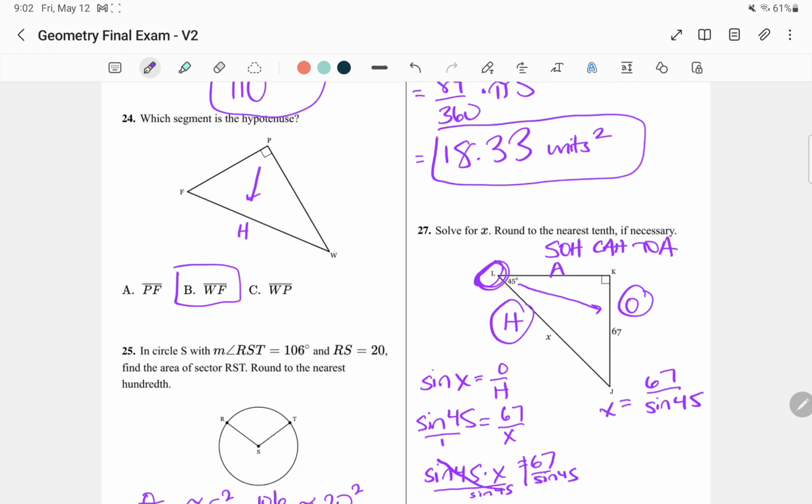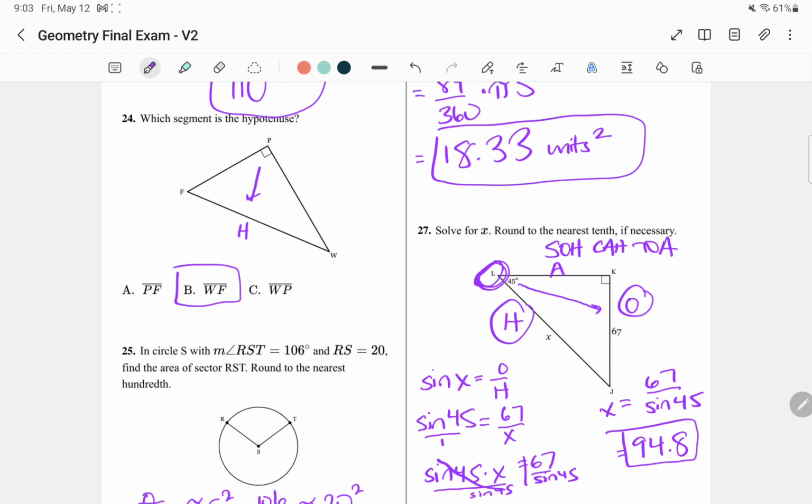So what I'm going to put in the calculator is 67 divided by sine 45 and see what I get. So 67 divided by sine key, put in 45 and hit enter. And I get 94 point, and I'm rounding to the nearest tenth, so that's going to be 0.8. 94.8 is our answer for that one.